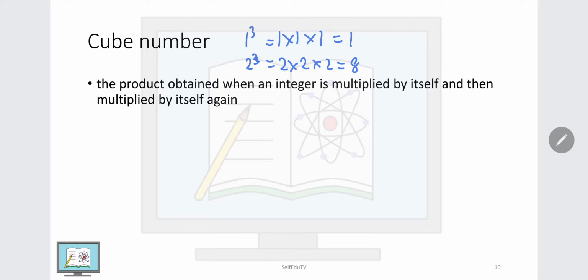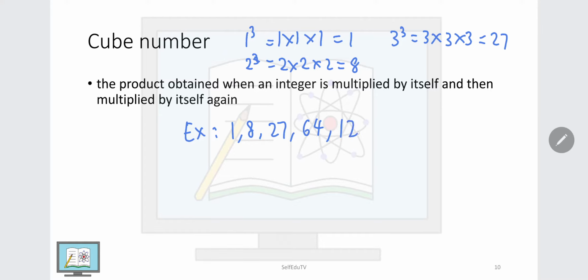The next cube number, 3 cubed, 3 multiplied by 3 multiplied by 3, is 27. So 4 cubed will be 64, the next cube number. 5 cubed, 125, and so on. So all these are cube numbers.